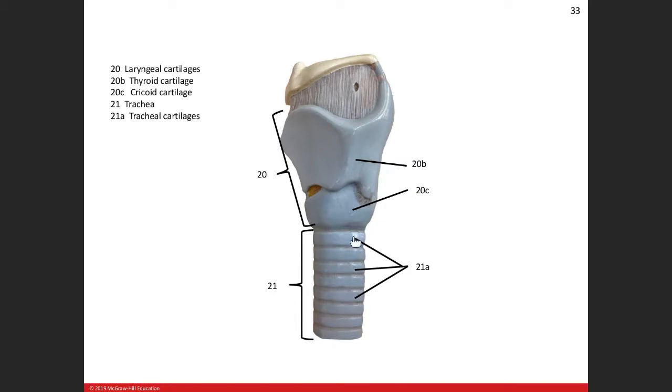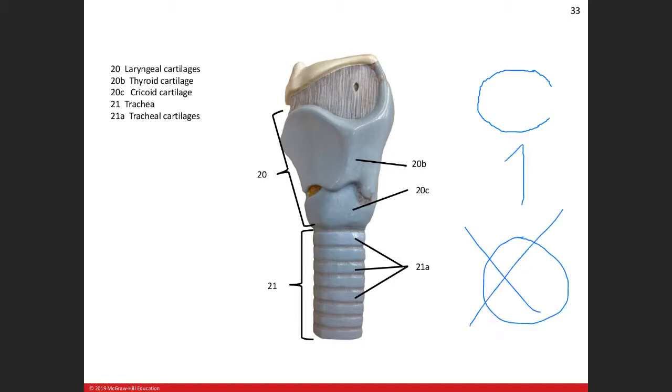And then you'll have your tracheal cartilages that wrap around it, also known as C-rings. We call them C-rings because they don't completely go around the whole trachea. There's actually an opening in the back, so keep that in mind. It's not a circle. There's an opening in the posterior portion there.